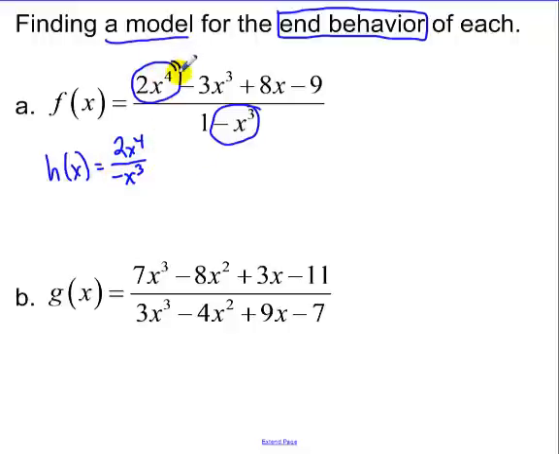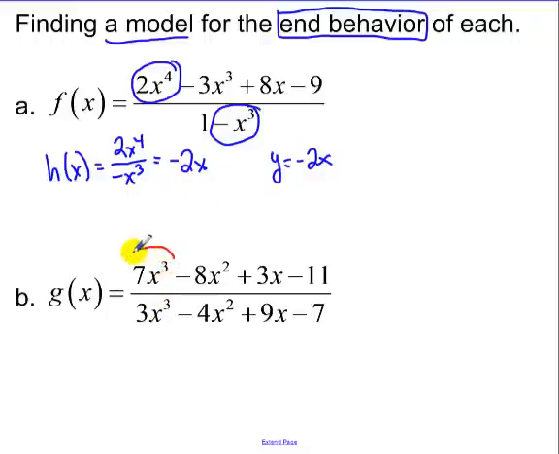Highest power on the top is 2x to the 4th. Bring the coefficient with us. And on the bottom we have negative x to the 3rd. If I simplify that, I get negative 2x. So this function is going to look like the equation y equals negative 2x for the end behavior, or as the x's get really, really big.